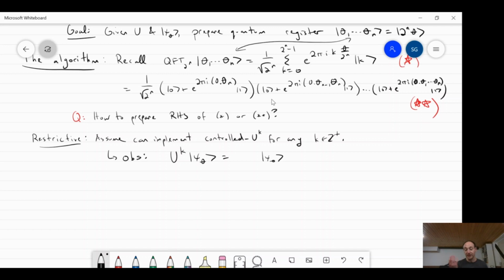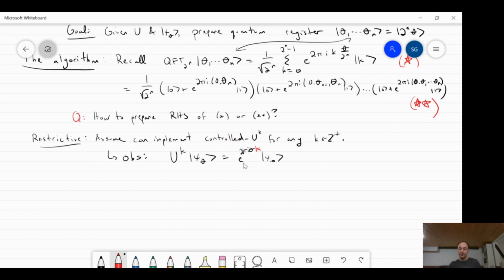If it was an eigenvector of U, it's certainly an eigenvector of U to the k. It'll slide through each copy of U. So what you're going to get is the original phase e to the i theta — let me be precise, I've been using e to the 2 pi i theta — but now you're going to get it k times, because you applied U k times. So think spectral decomposition. Another way to think about it is, remember, this is an operator function. We apply it to the eigenvalues of U. So here they are.